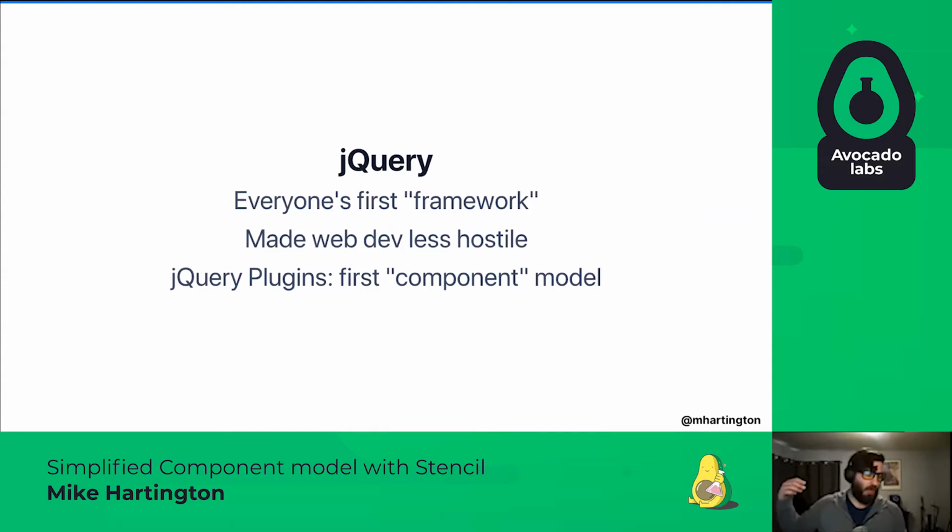You could do all this amazing stuff with this simplified approach to querying for elements. And probably its key feature, and something that I think really made jQuery stand out, was this idea of a plugin, where you could have this component, quote unquote, or this set up functionality, and you could attach it to a DOM node quite simply.